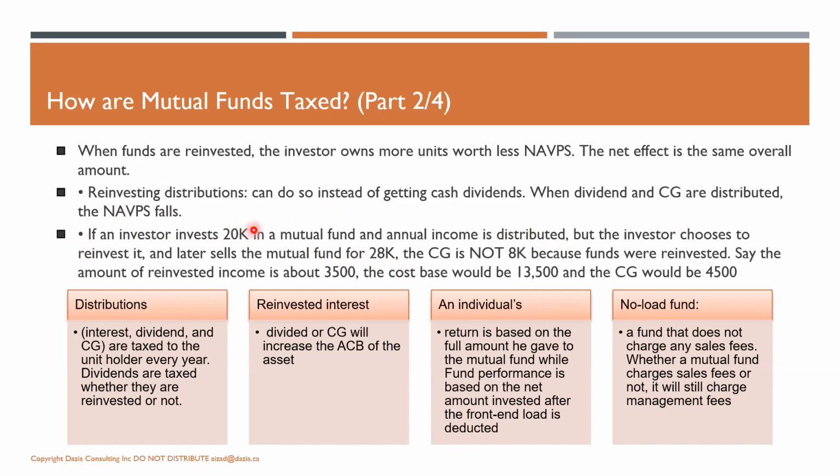Now the capital gain is not 8,000. You're going to say, oh, 28,000 minus 20,000, I got a profit of 8,000. But you don't pay taxes on all of that because you reinvested the distributions. So let's suppose the reinvested income is $3,500.